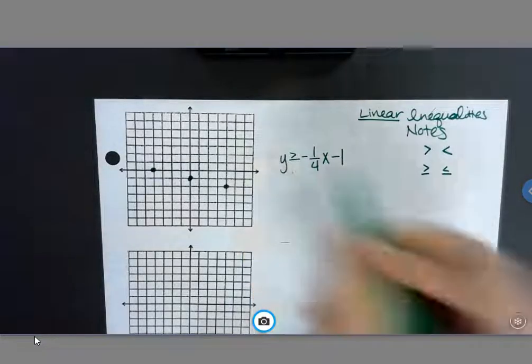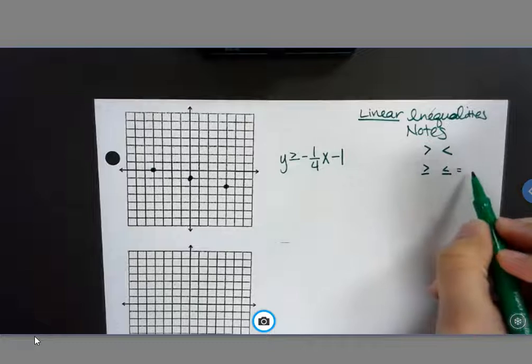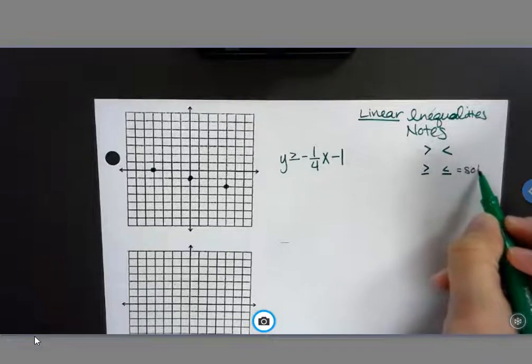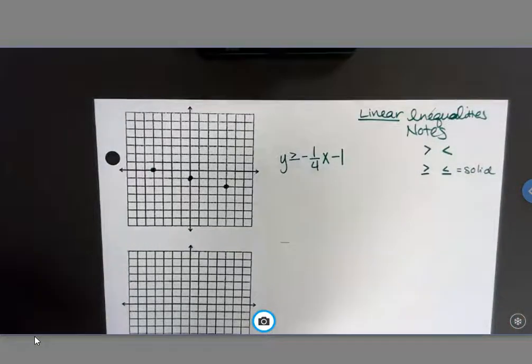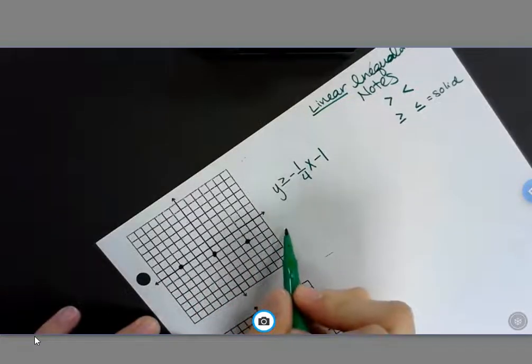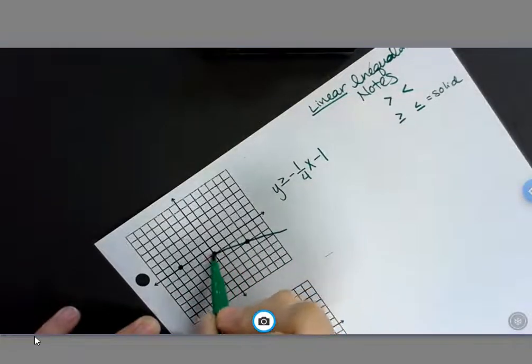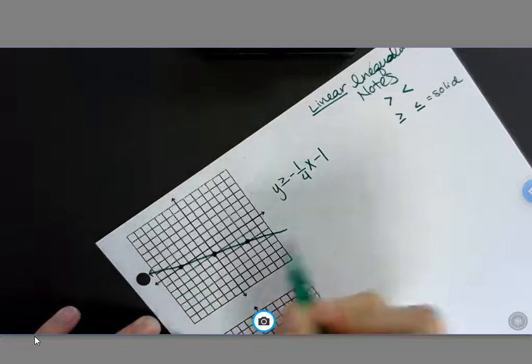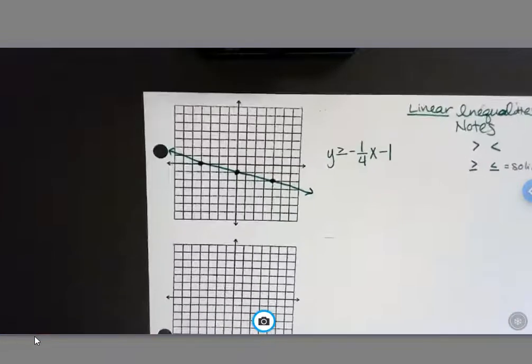Since it is a greater than or equal to sign, it is going to be a solid line. Okay, so we're going to connect this just like normal, extending off of our graph, arrows on either end.